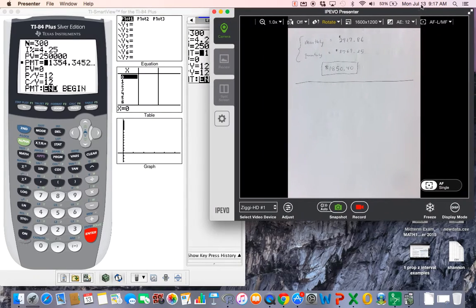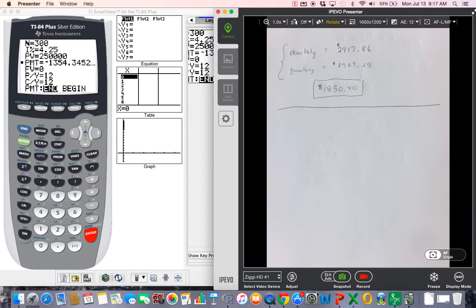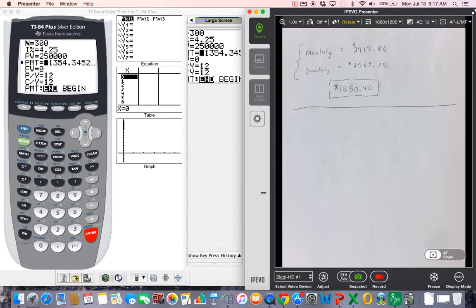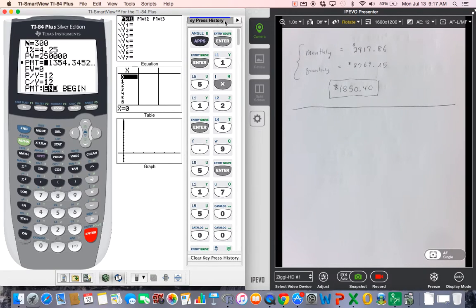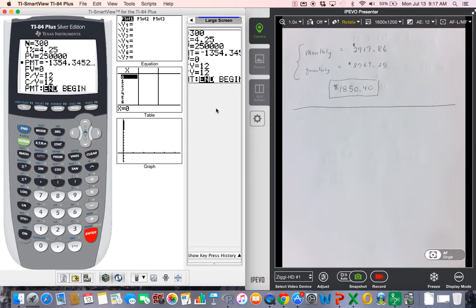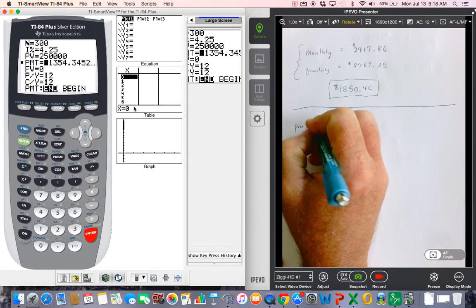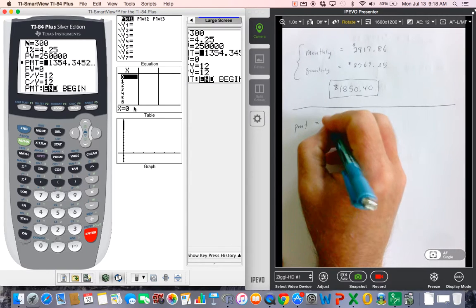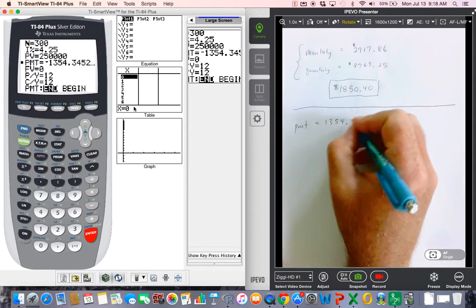So I'm going to do some split screen here because I want some stuff going on where you can see everything. I wonder if I can move that. Nope. All right, well, you can see it over here. All right, gang, so what we have is a payment equals 1354.35.